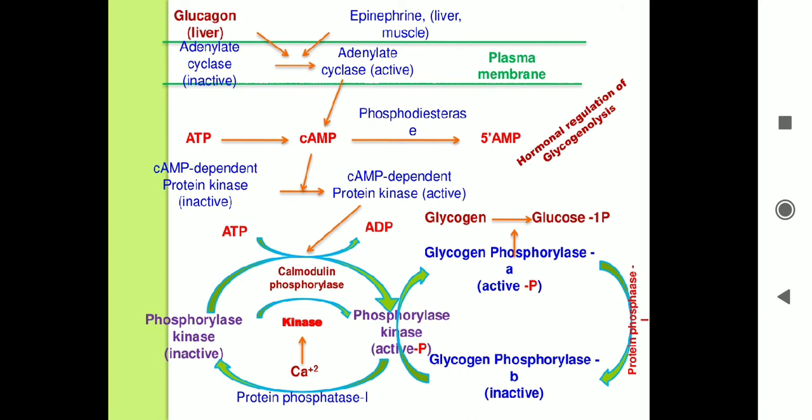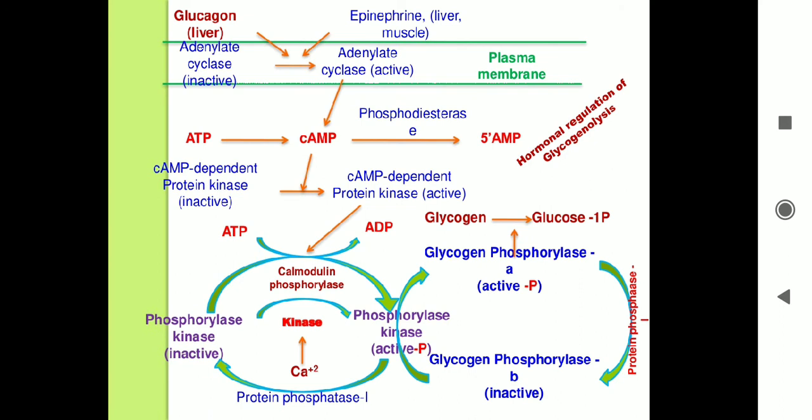At last you'll see, similarly like your glycogen synthesis, there is a pathway for that. Next is phosphorylase kinase in an inactive form, and on the right side phosphorylase kinase in active form. So there are two enzymes responsible for this conversion.